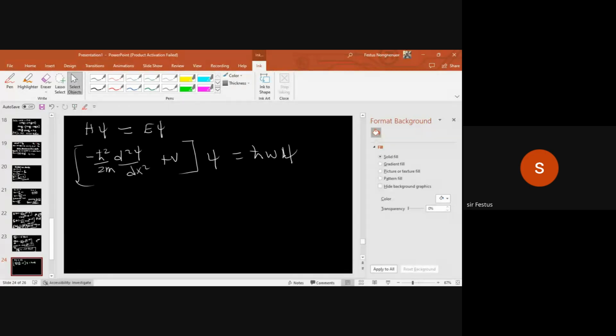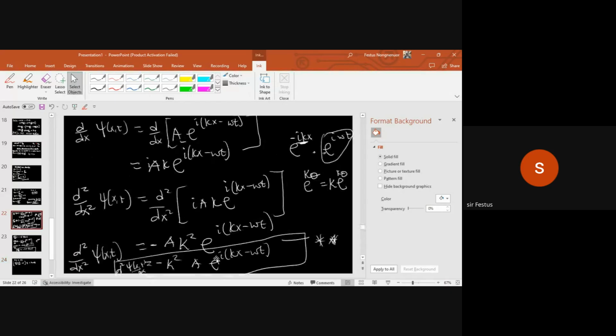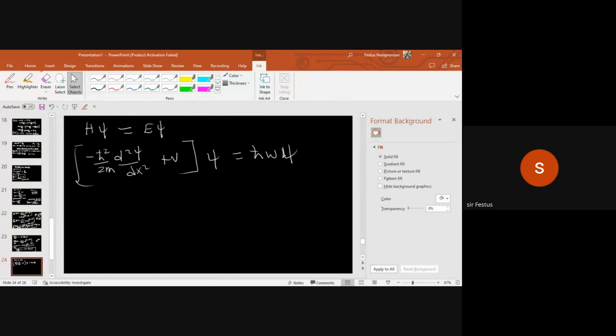So here, this expression here, oh, my machine is freezing. So this one here will multiply by h squared over 2m. I think I should have been labeling my equation. So equation star we'll multiply by.